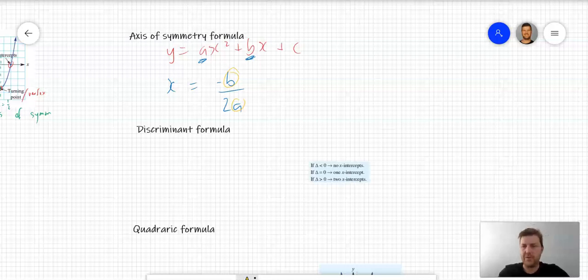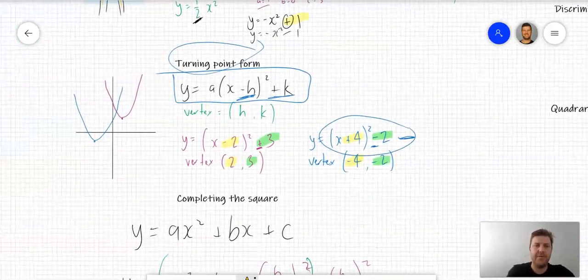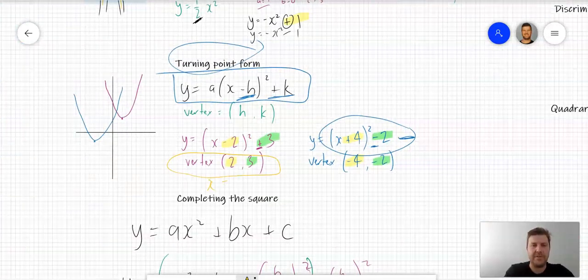The good thing about the axis of symmetry is that it is the same as the x value in your turning point. So if I go back here, just quickly, here's my vertex, 2, 3. For that one, my axis of symmetry is x equals 2. Here's my vertex, -4, -2.